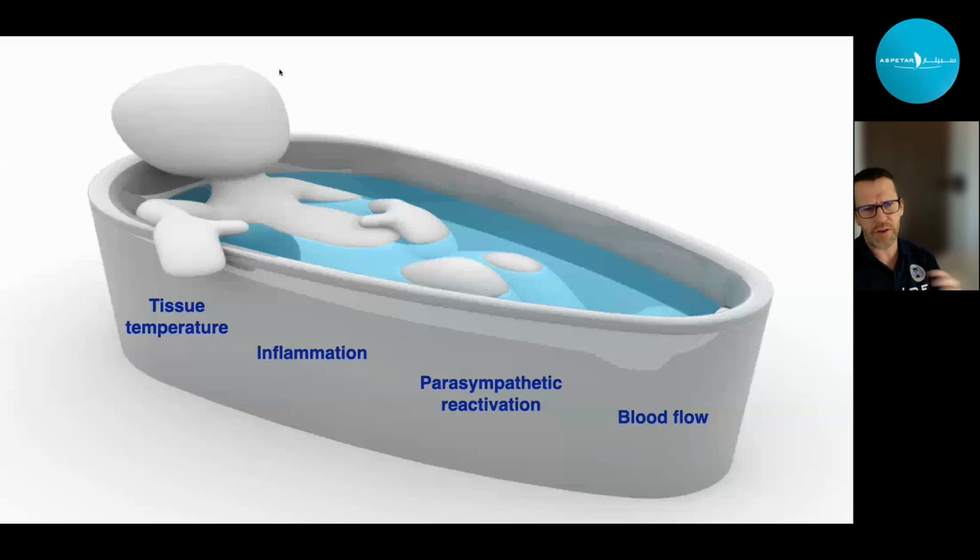So here they are pictured in terms of tissue temperature, inflammation, nervous system reactivation, and blood flow. So the one we'll really focus on today is blood flow, but I thought it would be useful just to give a little bit of backdrop to the other 3, because they are clearly important in what we're going to discuss.